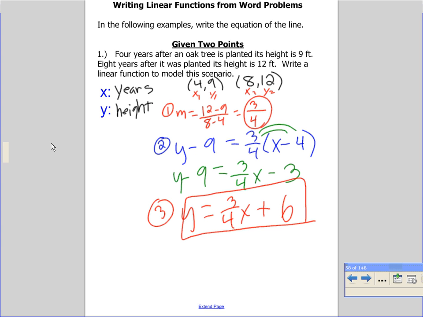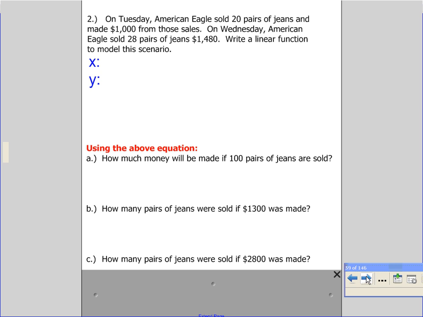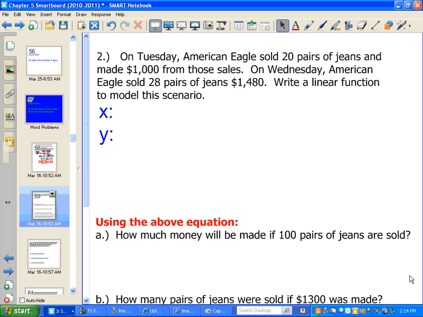Any questions on that one? Okay, I want you guys to try number 2, just like this, and then I'll show you the other type. So try number 2, the same exact process. The first thing I want you to do is identify x and y, figure out what the 2 points are, find slope, put it in point-slope form, and then put it in slope-intercept form.